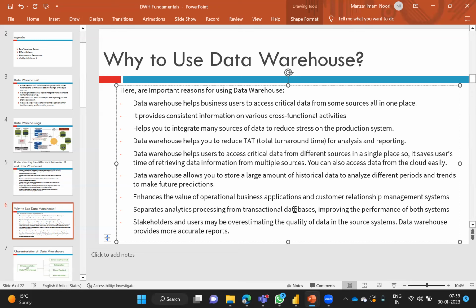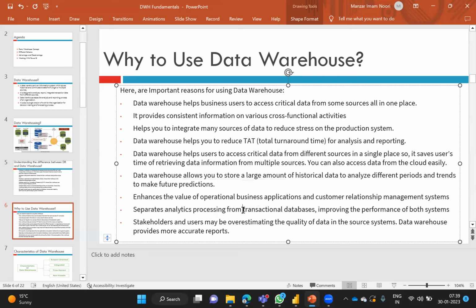We don't use the transactional systems. So the data warehouse is separating the database systems and keeping this process separate, so that the business users, whoever is doing the analysis on the data for business loss or improvement or new opportunities, right?